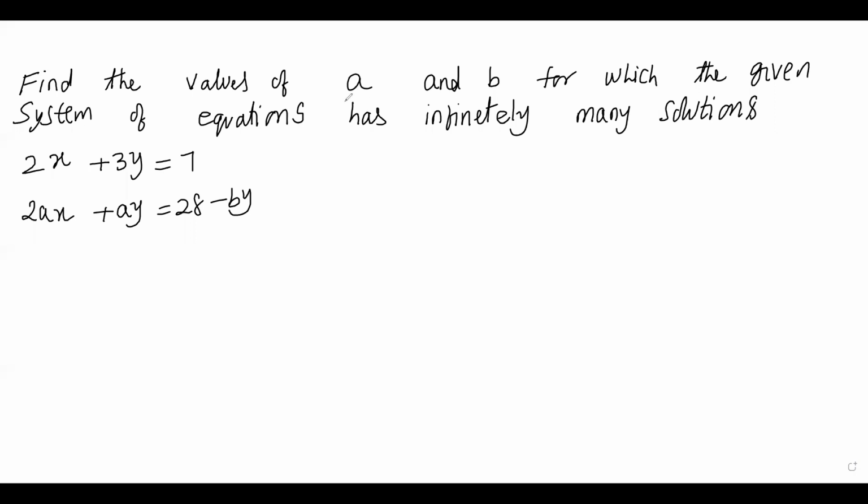In this particular question, he is asking us to find the a and b values, and the given system of equations have infinitely many solutions. Let us write the given system of equations.